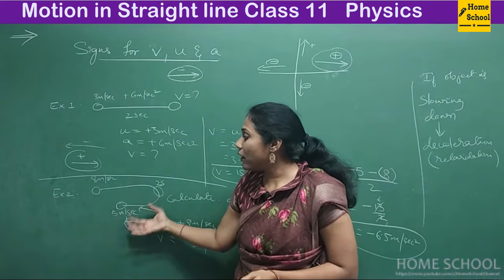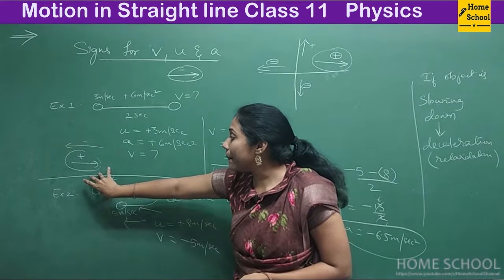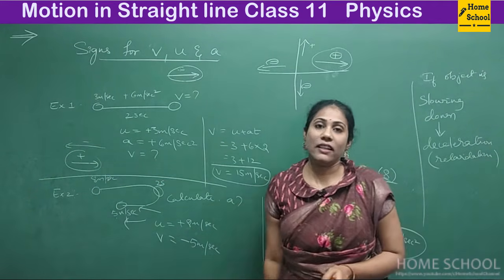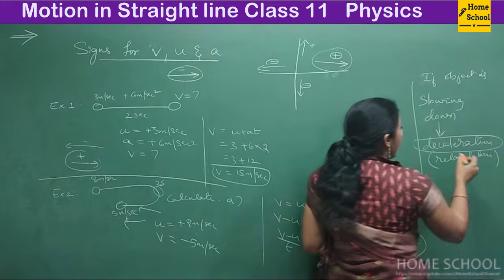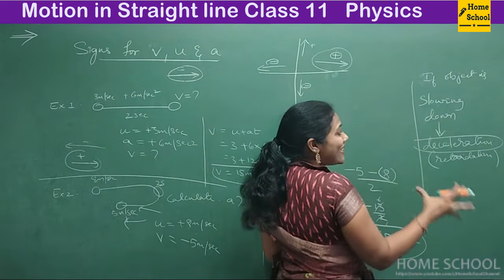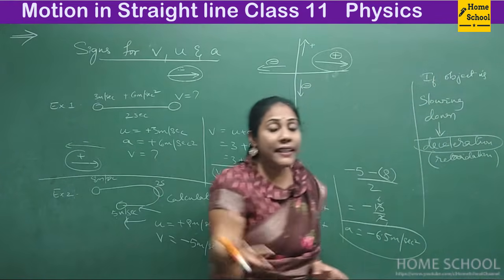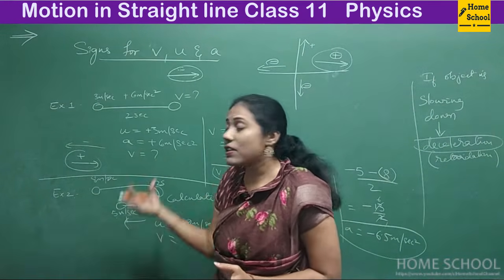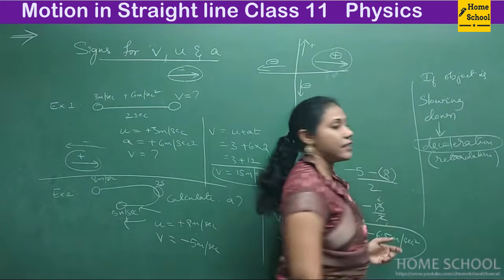Because the speed or the velocity is getting decreased. That you can observe by comparing initial velocity and final velocity. Okay, so this is the concept of deceleration or retardation. So what do you mean by deceleration? If the object is slowing down, then the acceleration associated with that object is called deceleration.